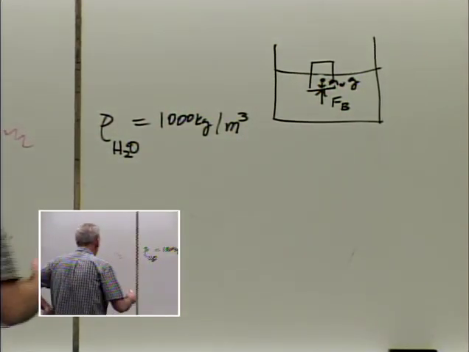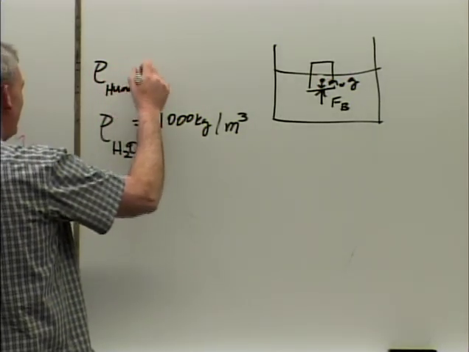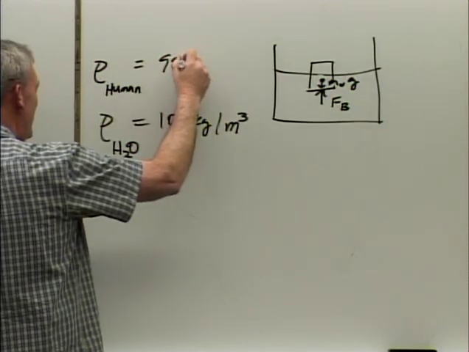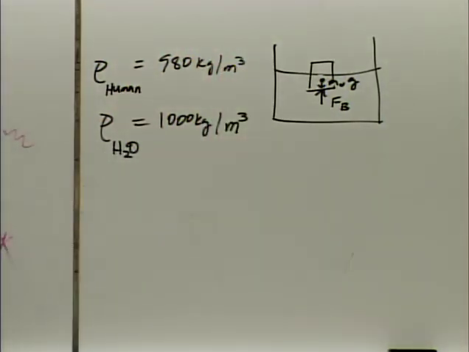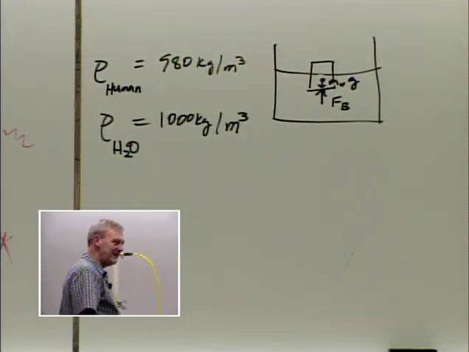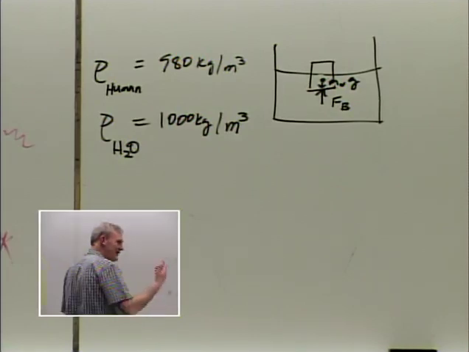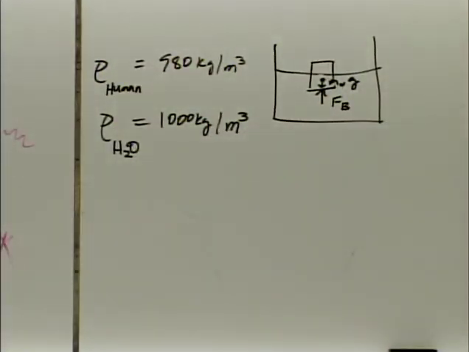Now, let's say we've got a human body, and let's say its density is 980 kilograms per cubic meter. Will that body float? Sure it will. Why? It's less dense than water. If it's more dense than water, it's going to sink, because the buoyant force isn't strong enough to keep it in equilibrium, and it'll accelerate downward.